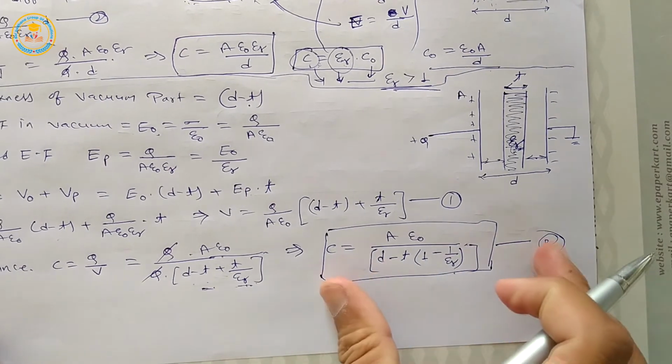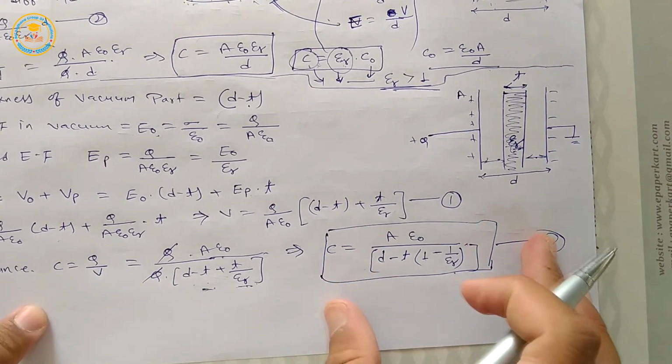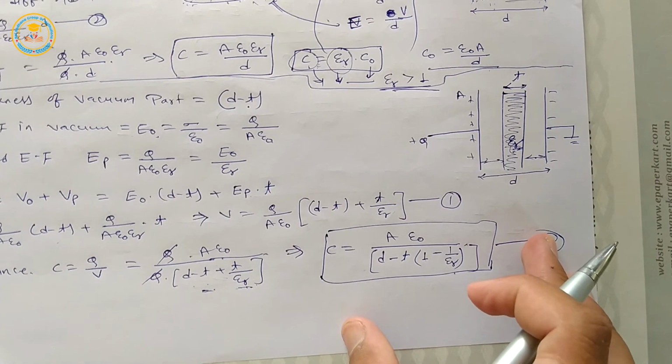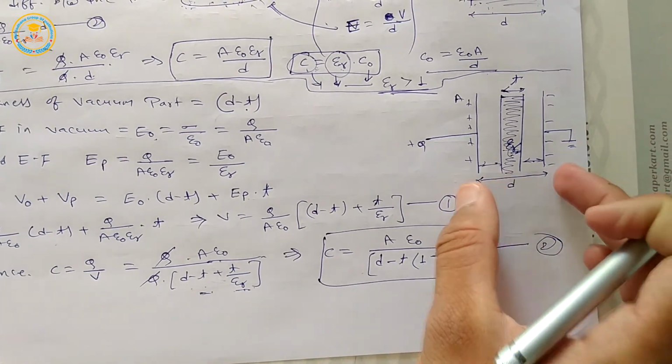Here we take minus t common from the last two terms. This is the capacitance when a dielectric medium is partially filled in the capacitor.